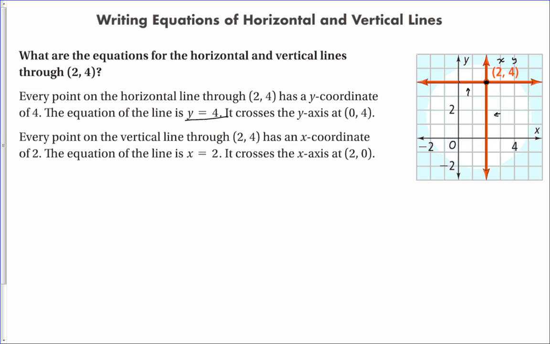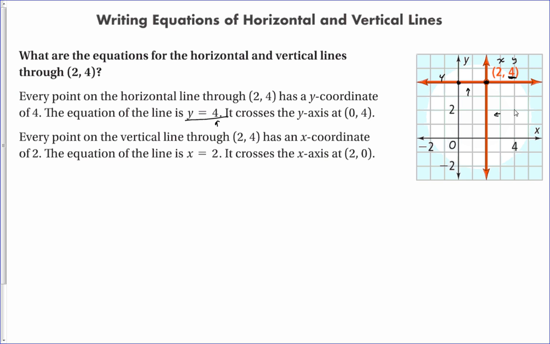Okay, so it crosses right here, and this would be 4. Every horizontal line is always going to be y equals a number, whatever number it crosses the y-axis at, or in this case, whatever the y value is.